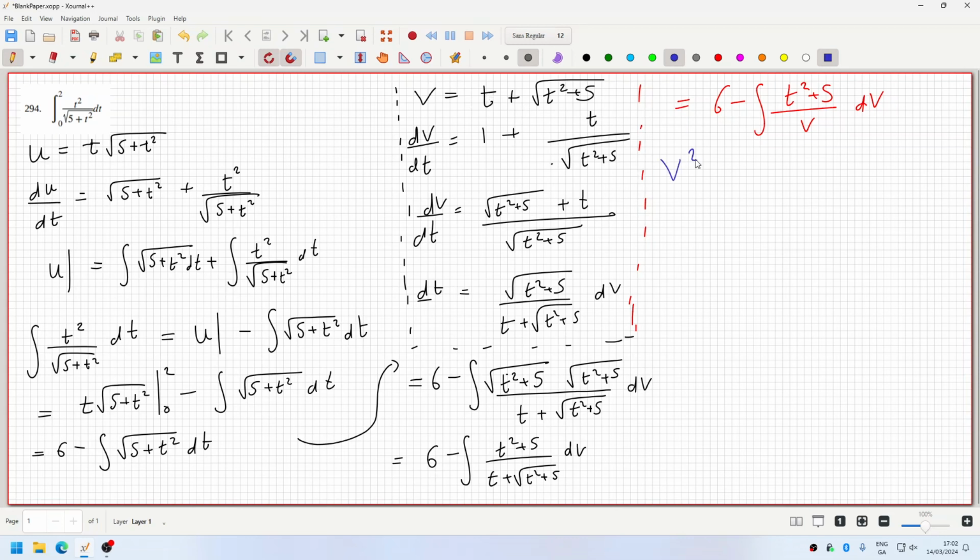So that's v squared minus 2tv plus t squared equals t squared plus 5. So the t squareds cancel. So that's v squared minus 2tv minus 5 equals 0.